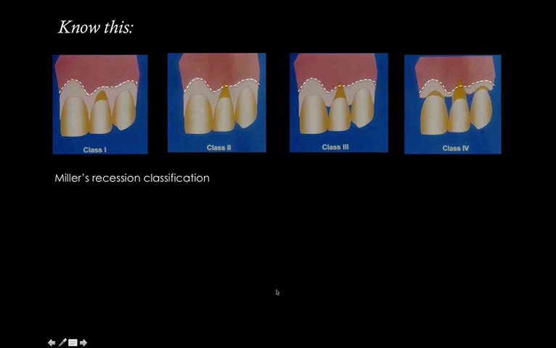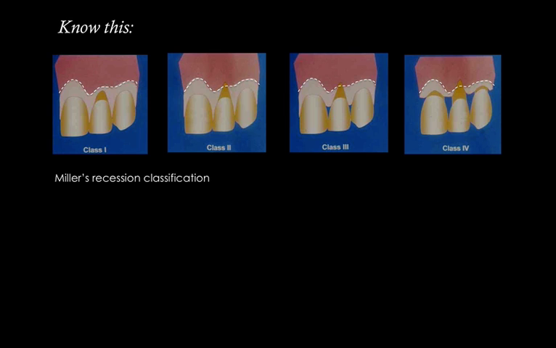And Class 3 is a recession that extends beyond the junction, but we're also seeing some interproximal tissue and bone loss. And a Class 4 is a recession that extends beyond the junction, a little bit more severe, with more severe interproximal tissue and bone loss, more recession on adjacent teeth, and also some possible teeth malpositioning.